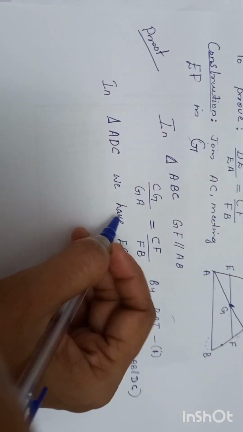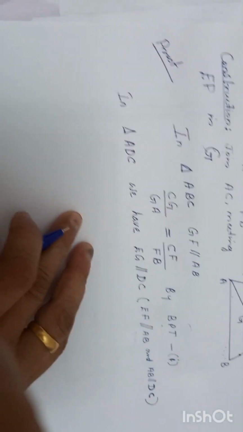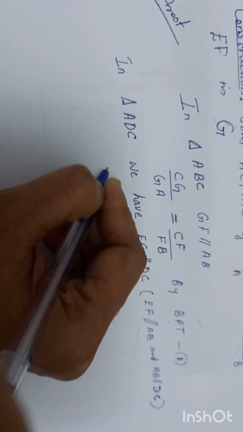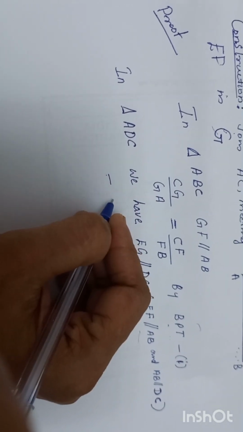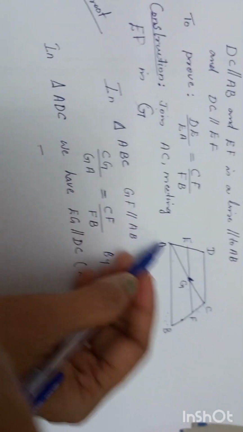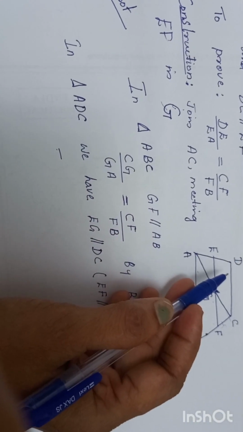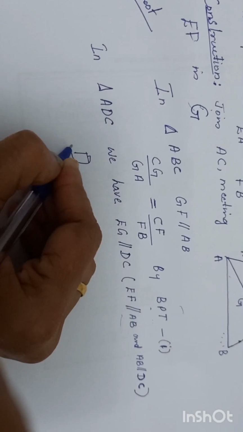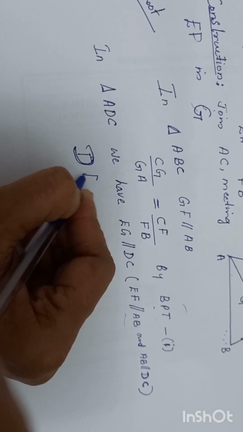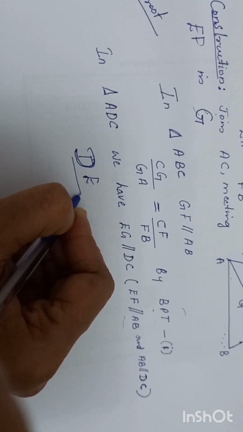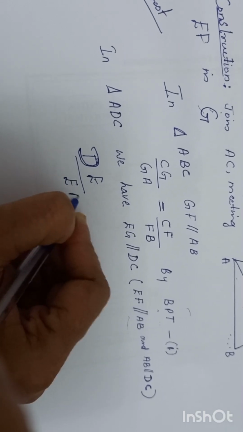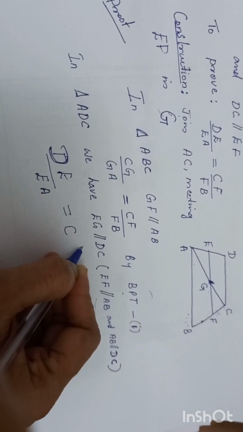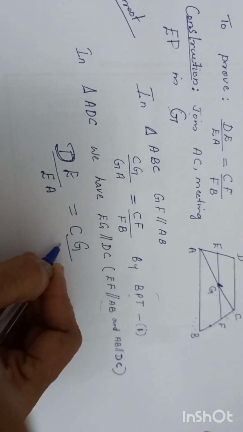Okay. Then next step we can write DE by EA is equal to CG by GA.